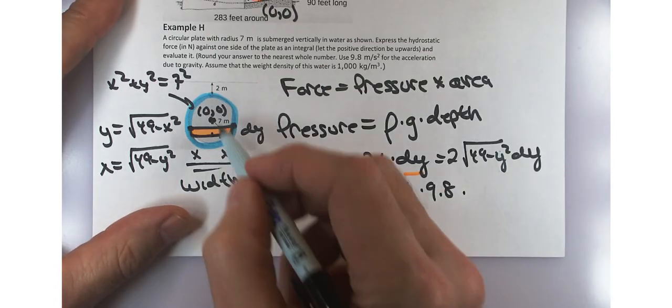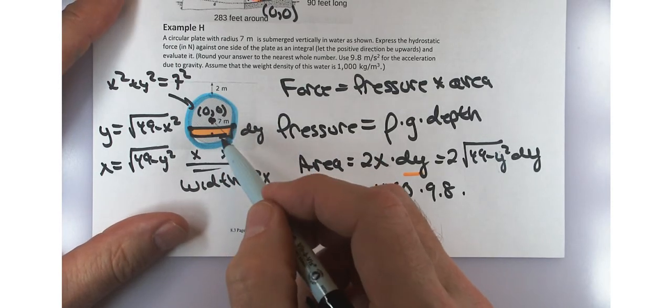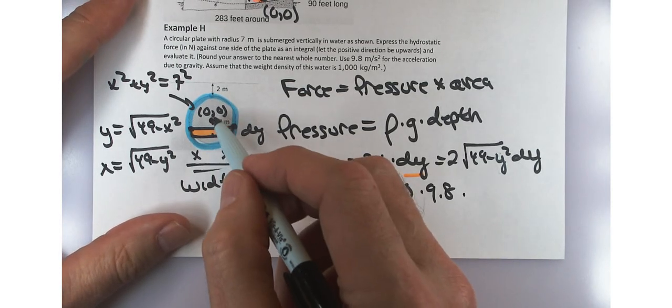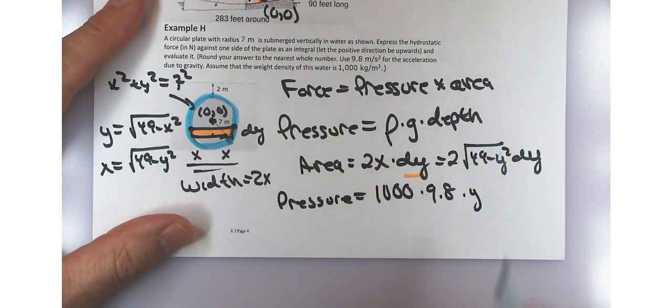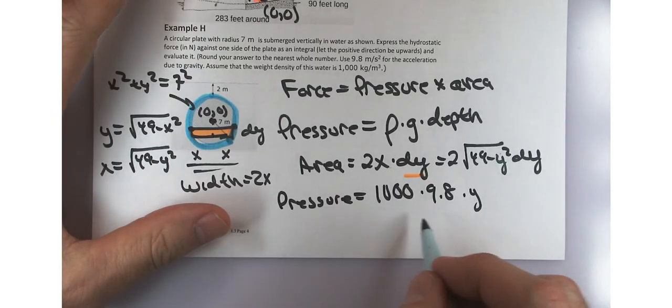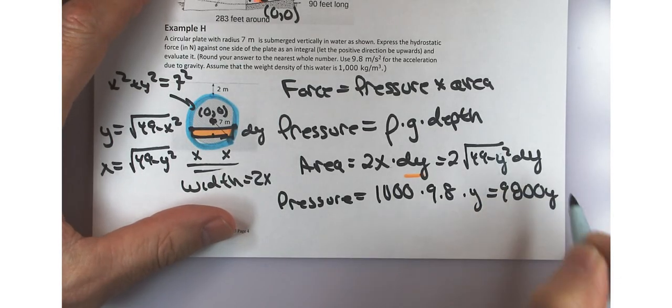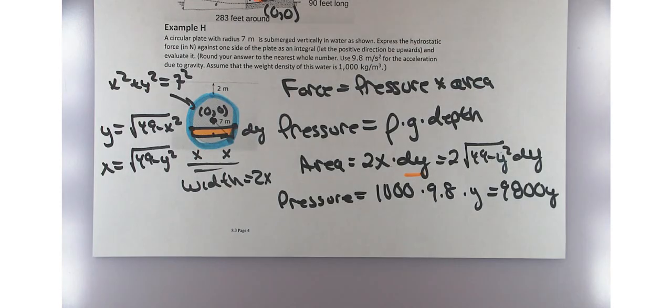Well, the depth is just going to be your y distance. We can clean that up as 9,800 y. We're going to have to be careful where y varies.